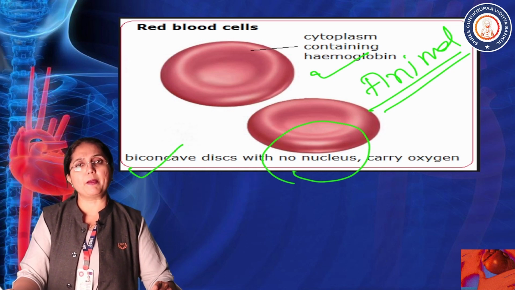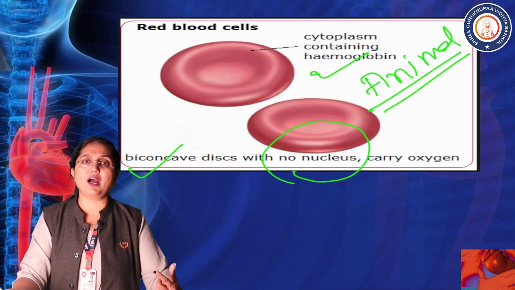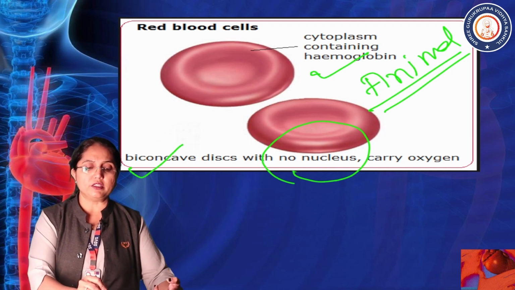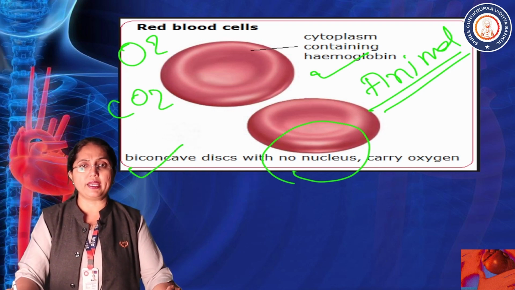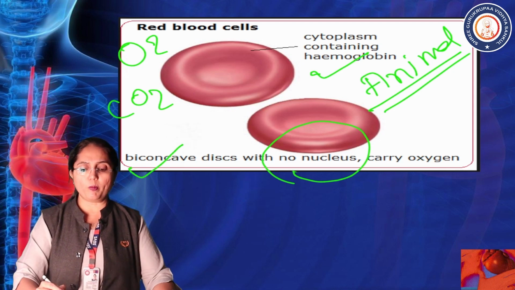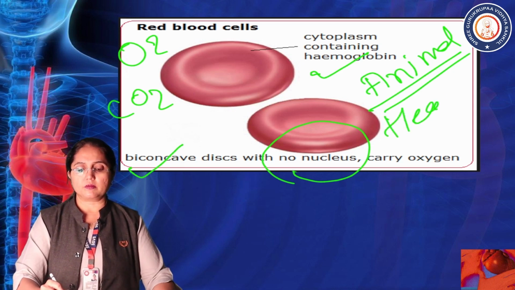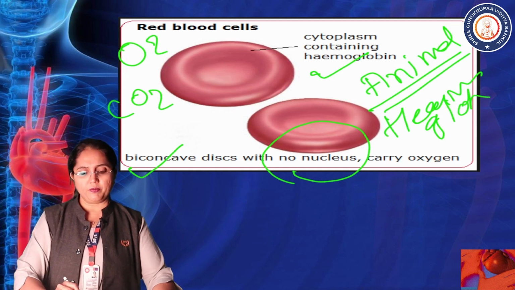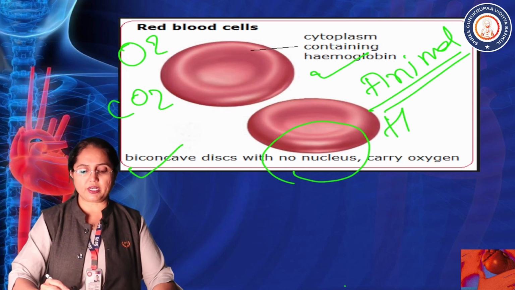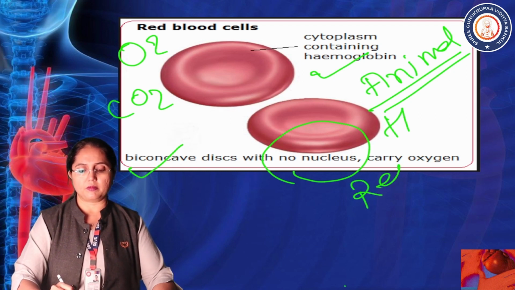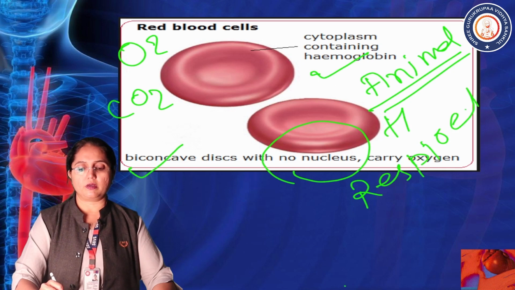Now why did this happen? The surface area of the RBC is responsible for the circulation of these two gases, O2 and CO2. This O2 and CO2 need to be circulated in our body with the help of hemoglobin, which is present inside our RBCs, and this hemoglobin is actually called the respiratory pigment.